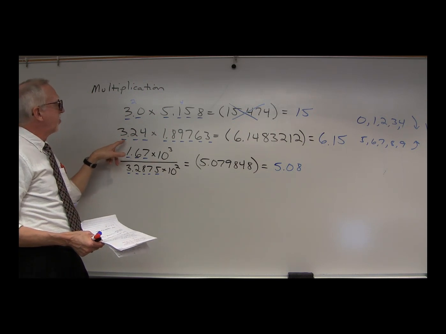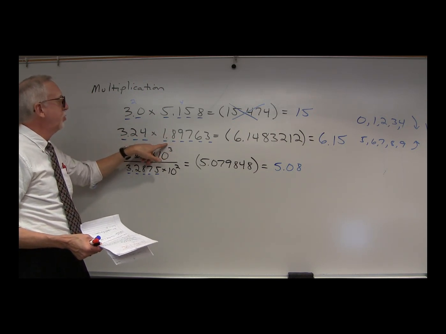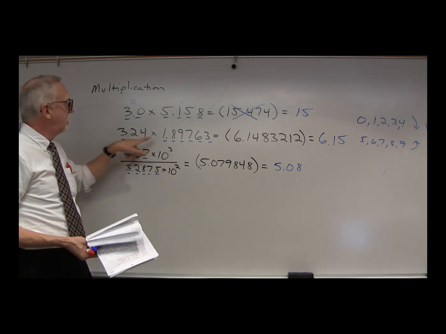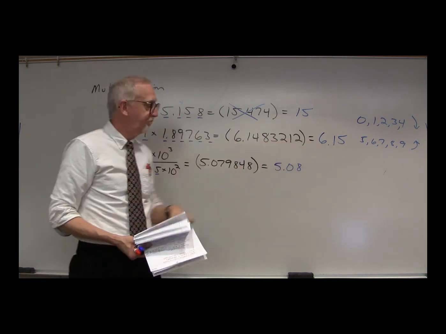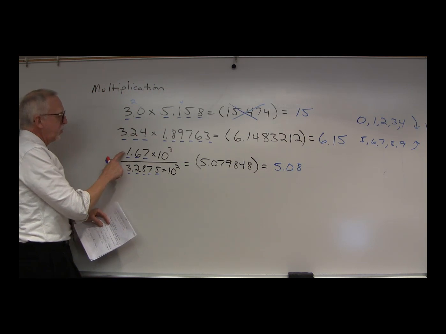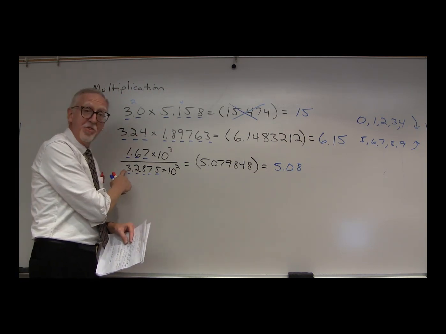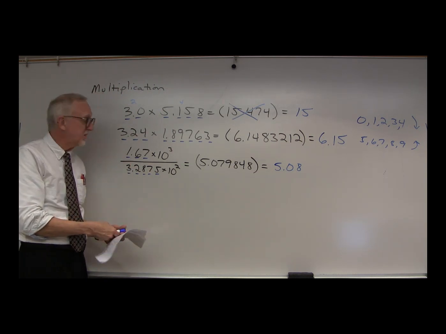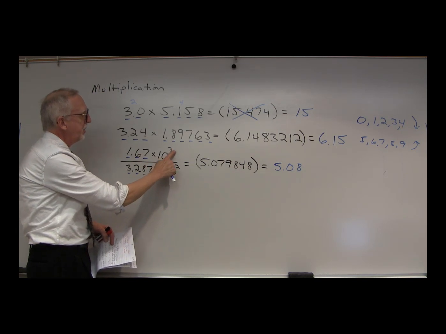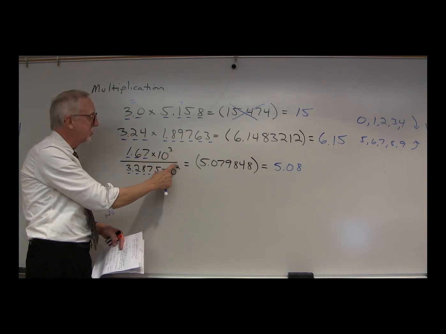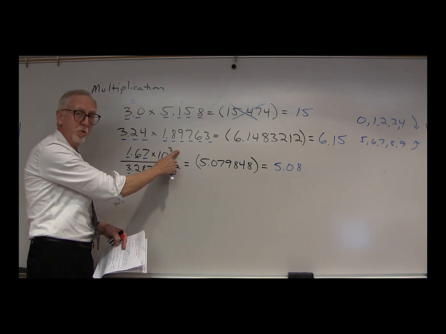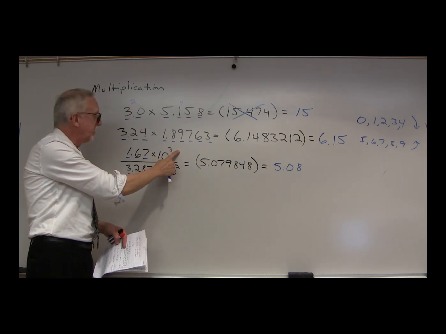A number around 3, a number around 2 or 1. 3 times 2 is 6. Oh yeah, we got a number around 6. Let's look at this. We've got 1 over 3. That's a third. That's a number that's less than 1. We have 10 to the 3 over 10 to the 2. Now when you divide exponents, you subtract them. So this will be 10 to the 3 minus 2, or 10 to the 1, which is 10.